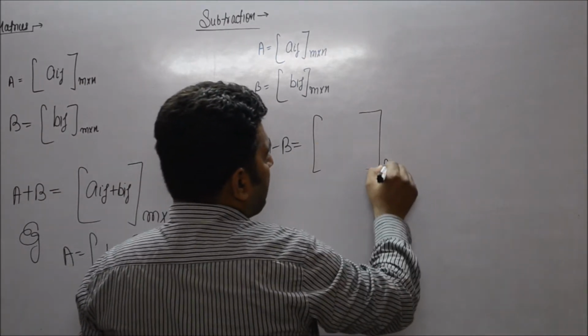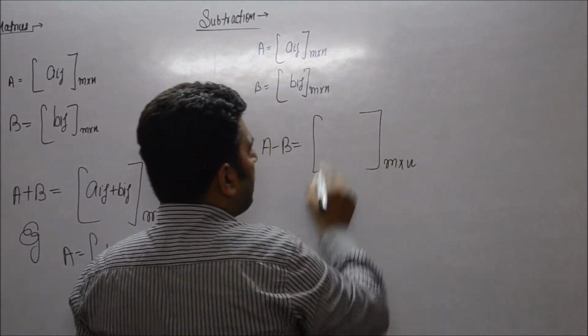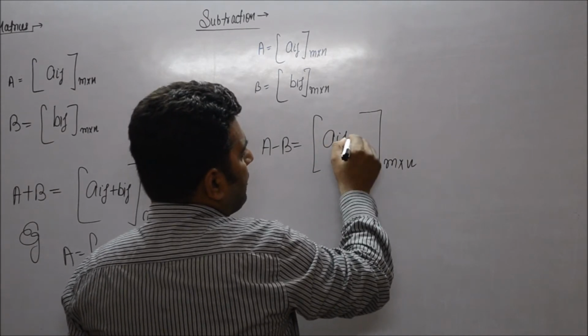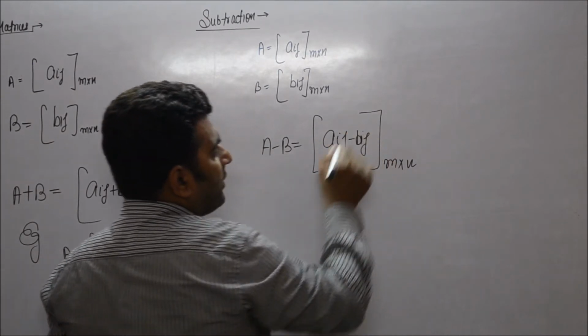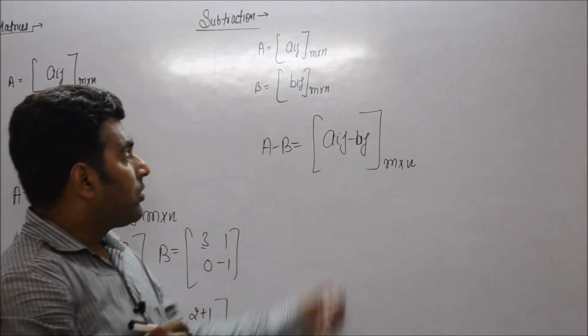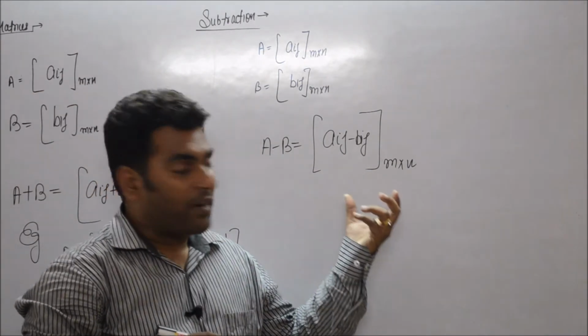So A minus B is again a matrix of the same order, but its corresponding element is Aij minus Bij. That means corresponding elements are subtracted.